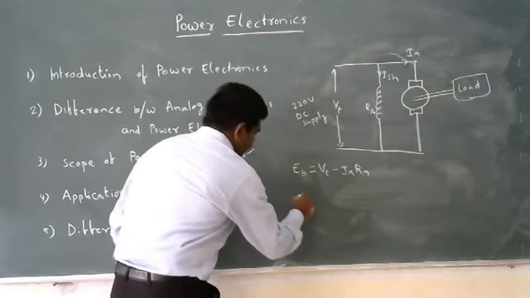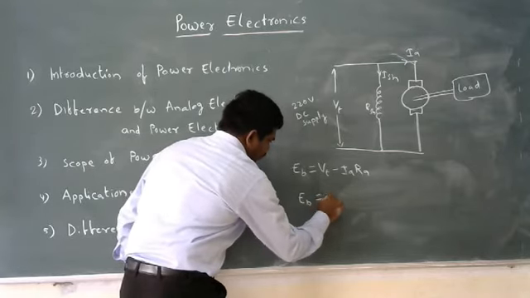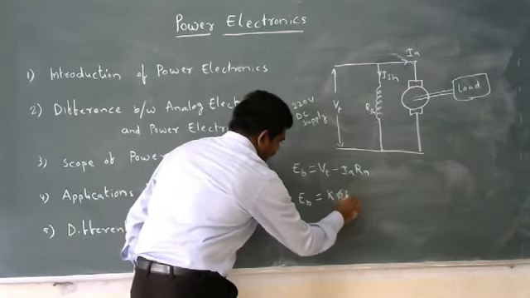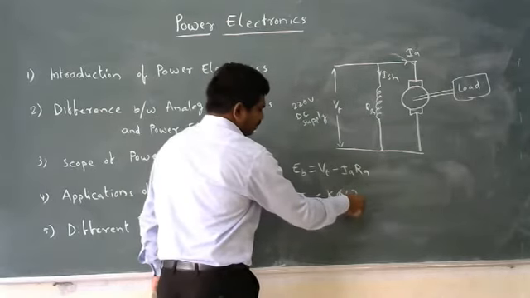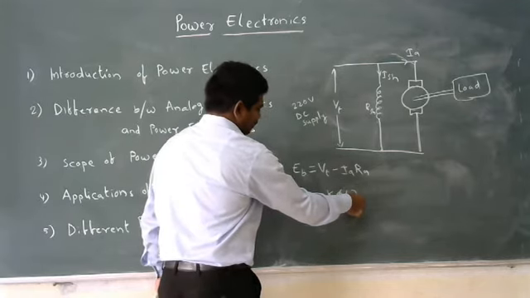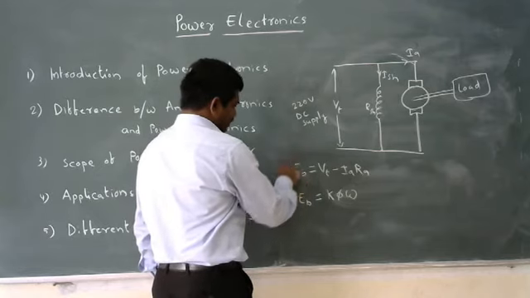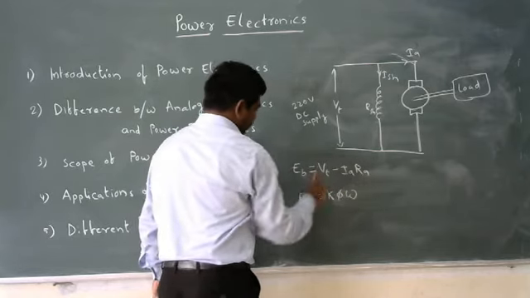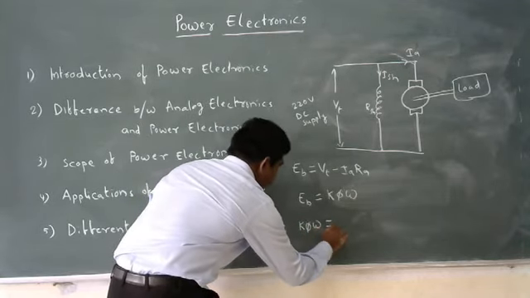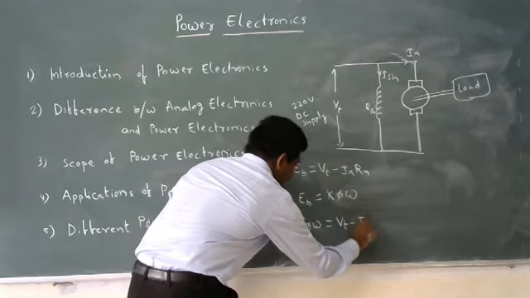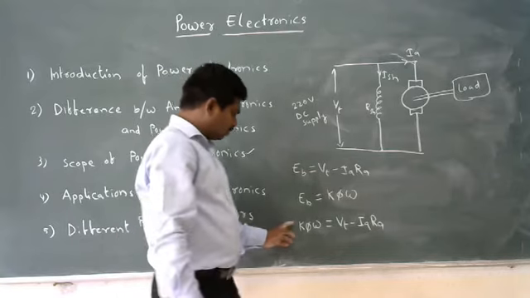When we neglect the brush drop, we get the equation EB equal to VT minus IaRa. As we know, in terms of operational values, EB is equal to K phi omega, where phi is the flux and omega is the angular speed in radians per second. So when we replace EB in this equation with K phi omega, we get K phi omega equal to Vt minus IaRa.